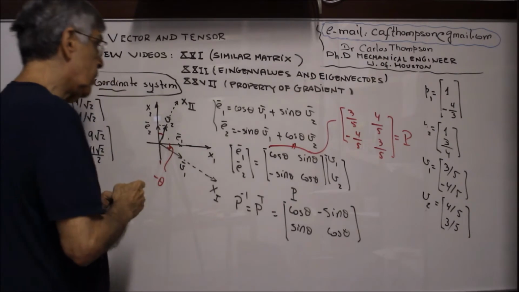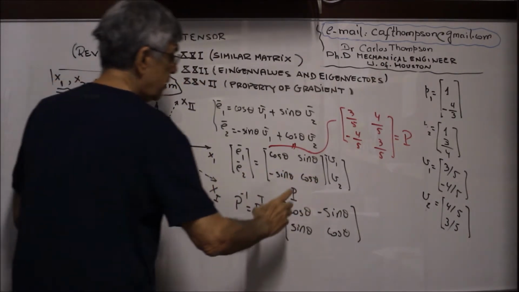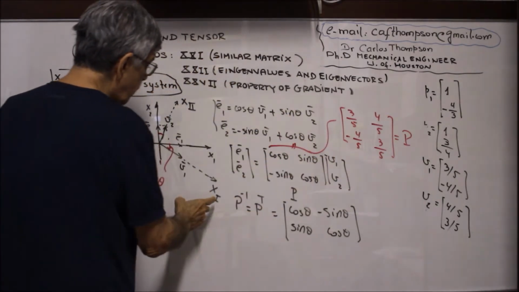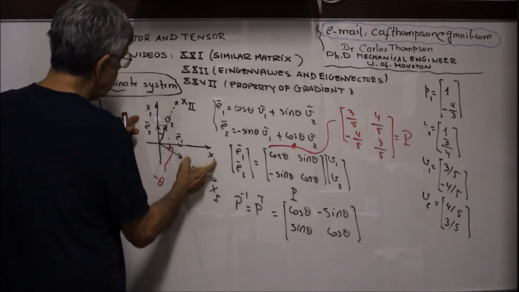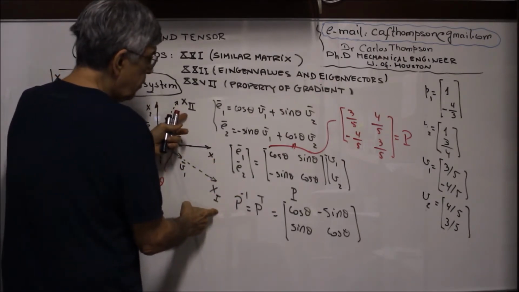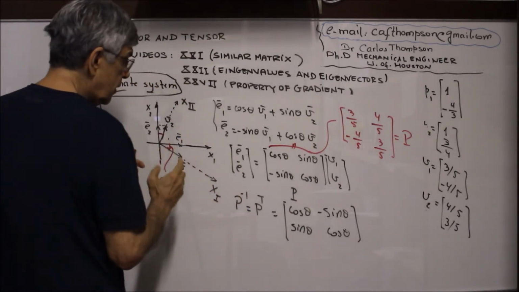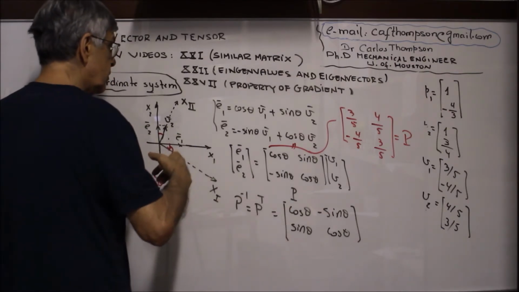Now, P relates the component of x1, x2 into x1', x2'. There's a Roman index, okay? Now, P minus 1 relates just the inverse, okay?